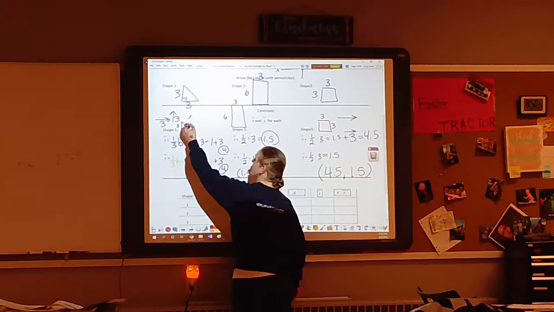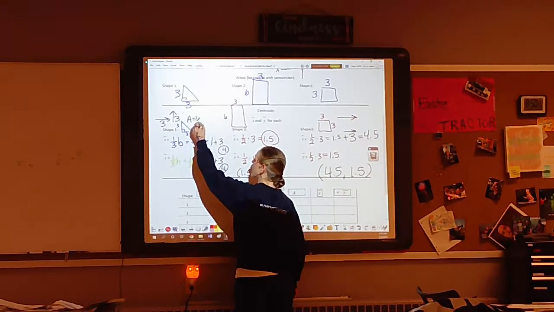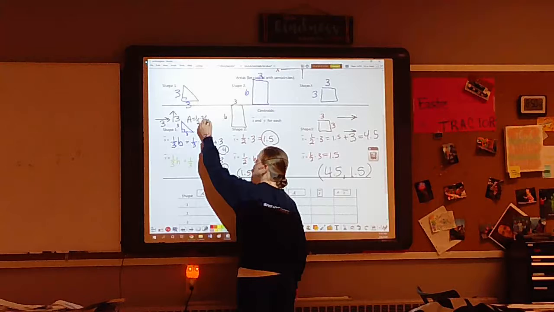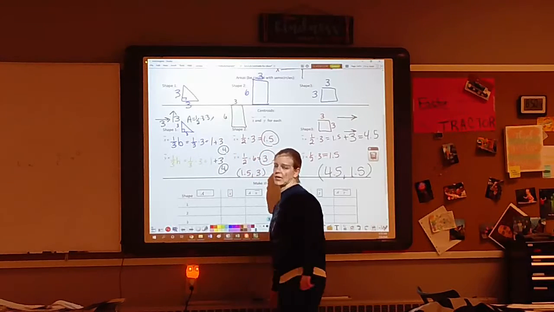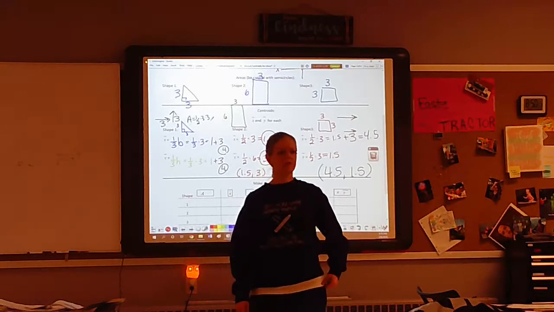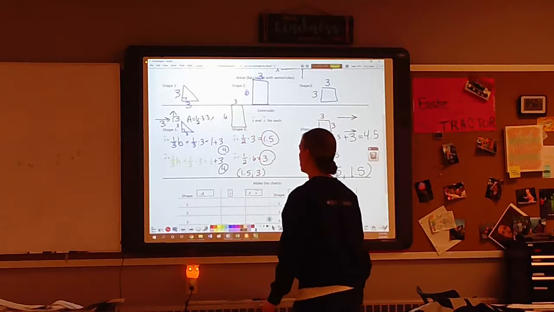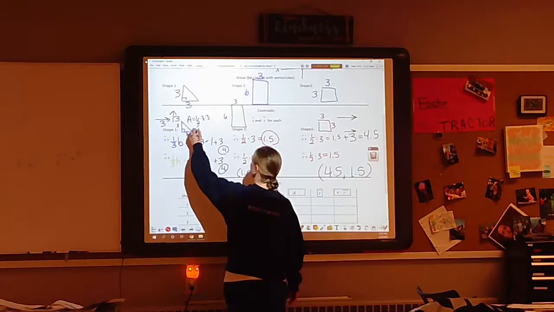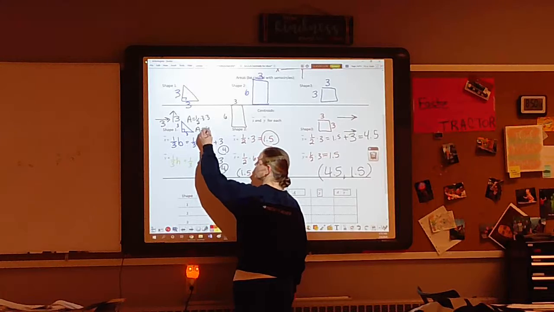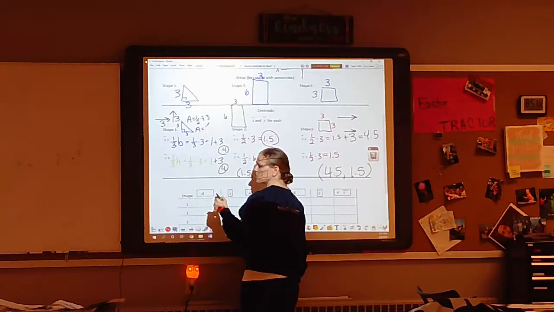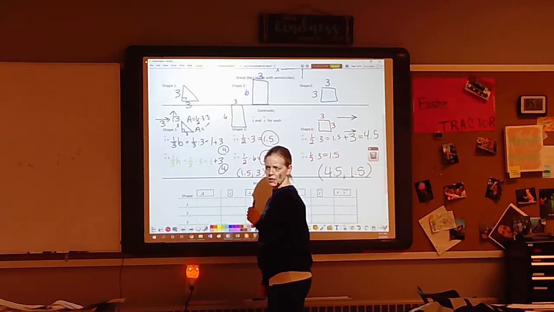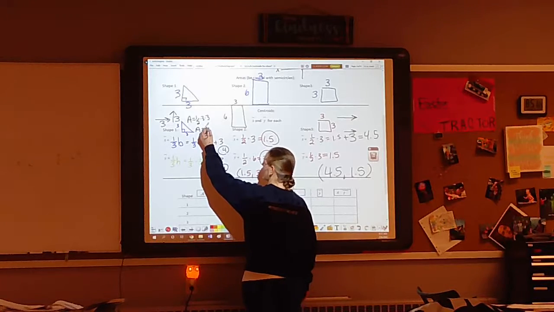Right here, let's write area equals 1/2 3 times 3, right? Base times height. What's the area of the triangle? What's 3 times 3? What's 1/2 of 9?